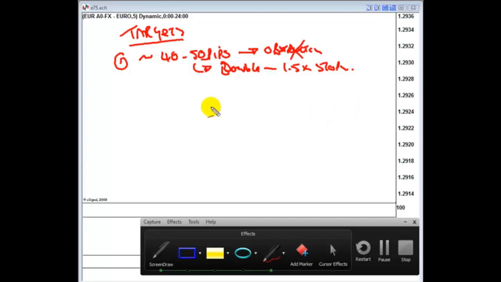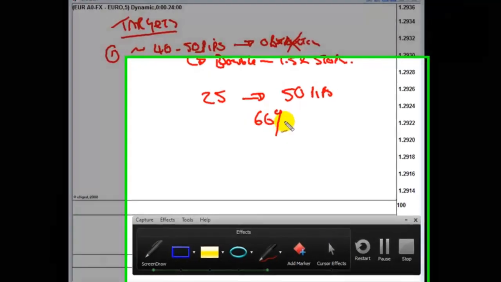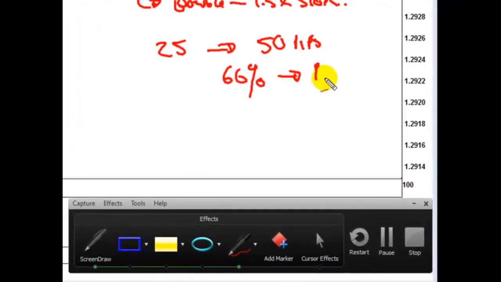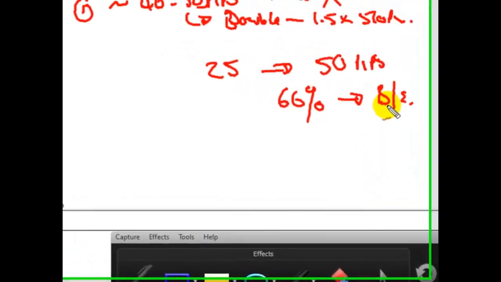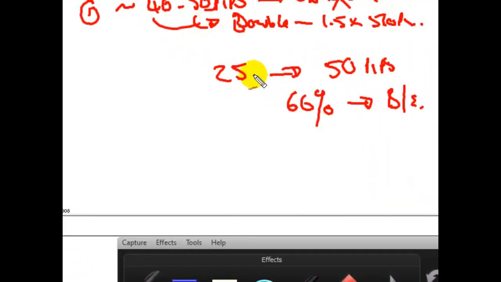So if my stop loss is 25 pips and every time I win I make 50 pips, even if I lose 66% of my trades, I'll still come out at break even. You work it out, do the math, it's pretty incredible. So the first principle is 40 to 50 pips.